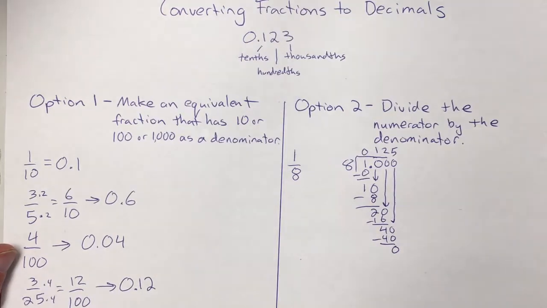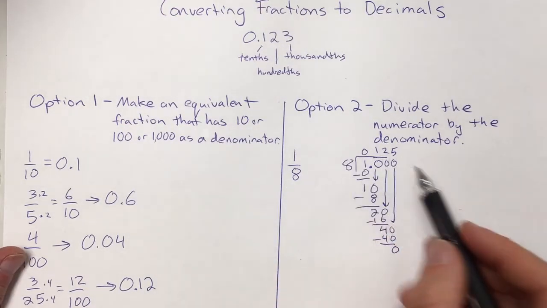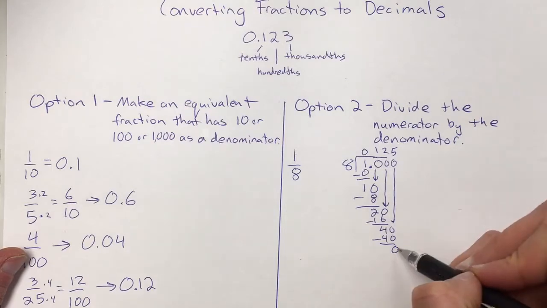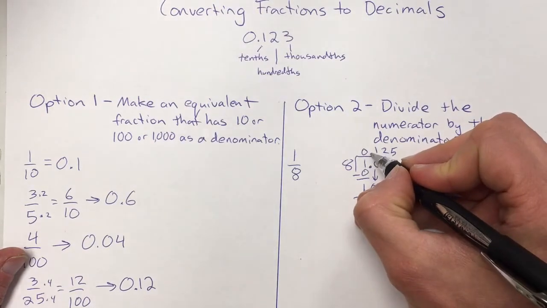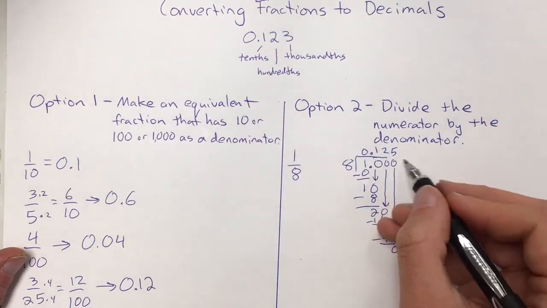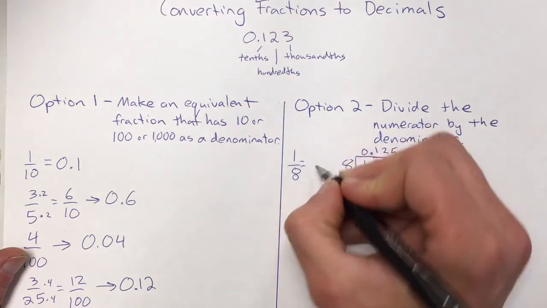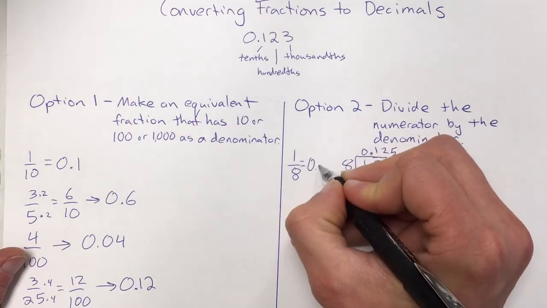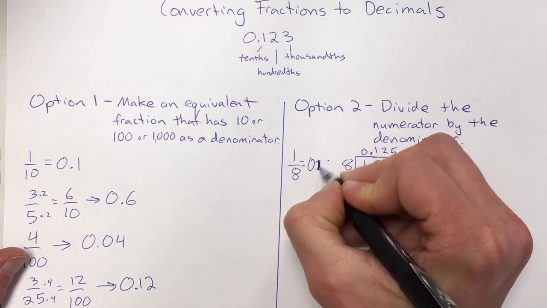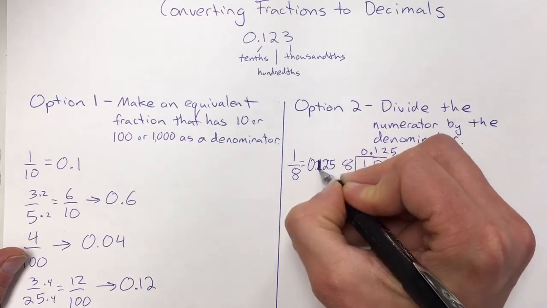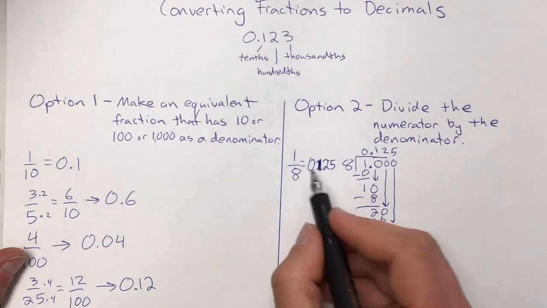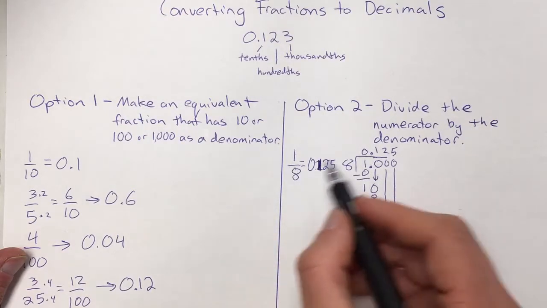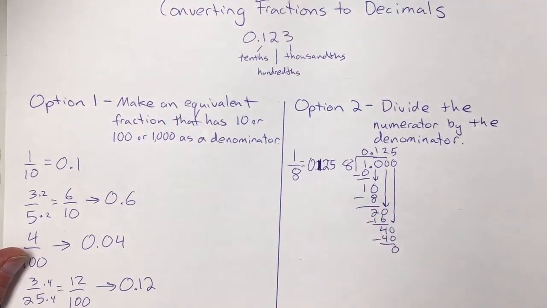Now, sometimes you will end up with decimal division that keeps going and going and going. But in this case, we did end. Our decimal point goes straight up to the top. So 0.125, or 125 thousandths. So we've got a fraction turned to a decimal by simply dividing the numerator by the denominator.